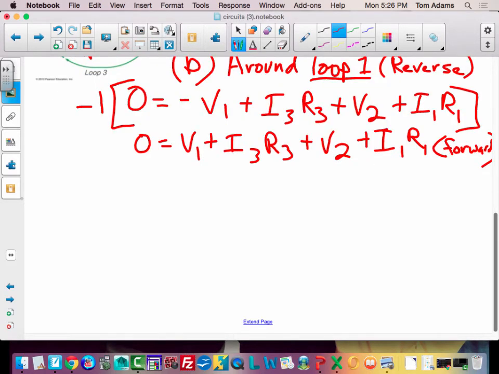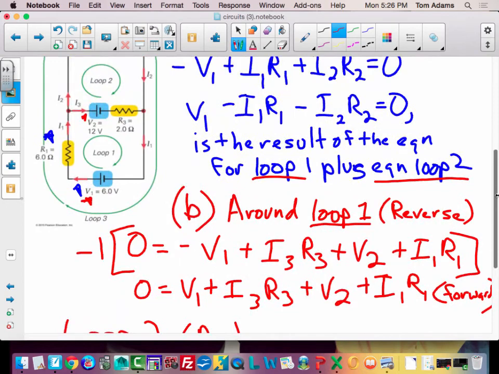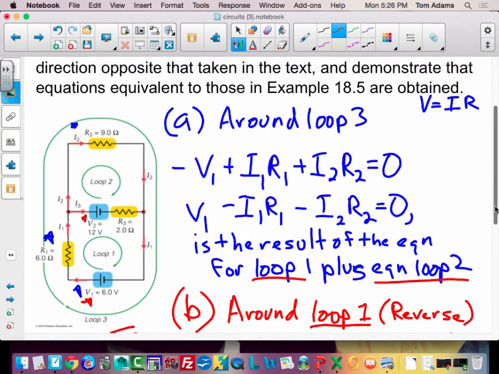So now to do loop 2, and I've kind of lost the picture. Let's do loop 2 in reverse. We would end up with I2 R2. All right, so we're going to do loop 2 in reverse. And I guess it doesn't matter where you start, but we're going to start right here, and then we're going to go around this way. Okay.